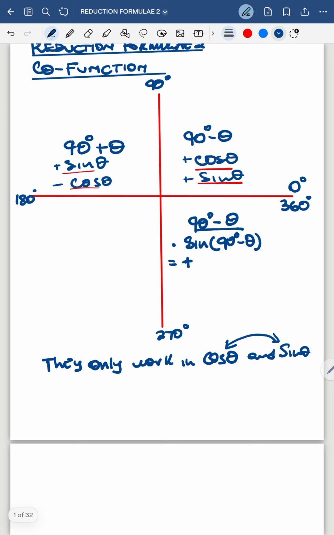So what is the cofunction of sine? It's cosine theta. So it's positive cosine theta. Next time, don't write the positive sign, but know that it's positive when there's an invisible sign there. The cofunction of sine is cosine theta.